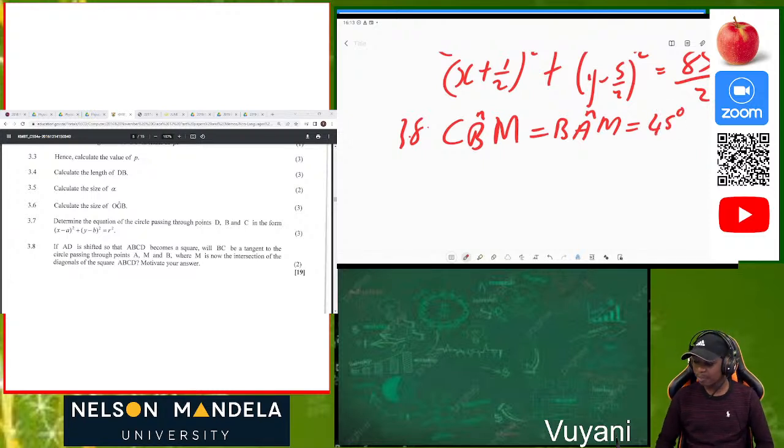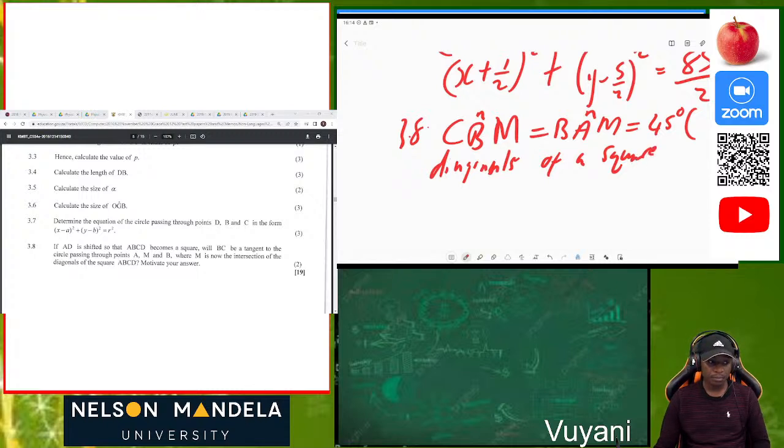Why? According to the characteristics of a square, we know that the diagonals of a square bisect the angle.